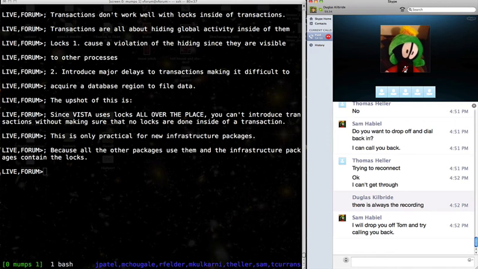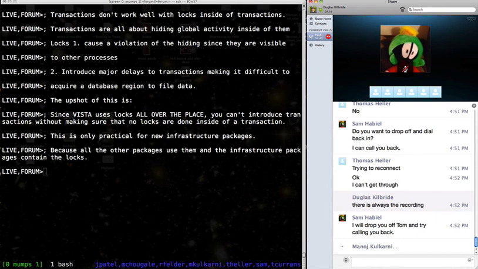So, let me think. Is there anything else that I want to tell you about transactions? Well, my only advice as a conclusion for transactions is that transactions are okay as long as, one, you plan to only run on GT.M, and two, you are doing it over either your own package or an infrastructure package in VistA.